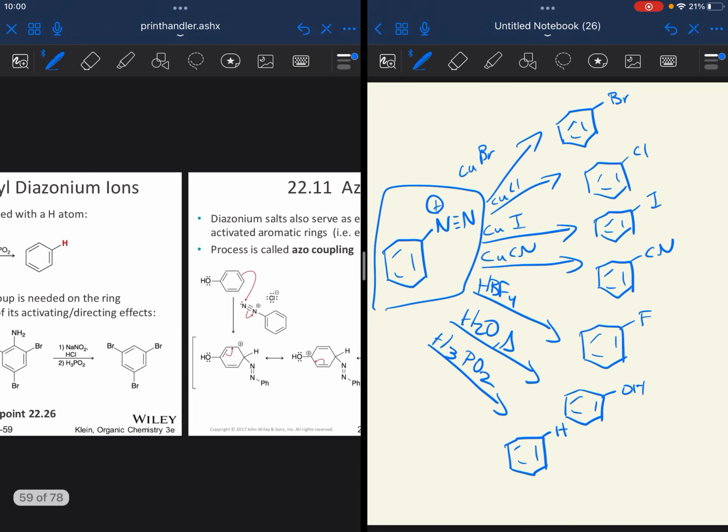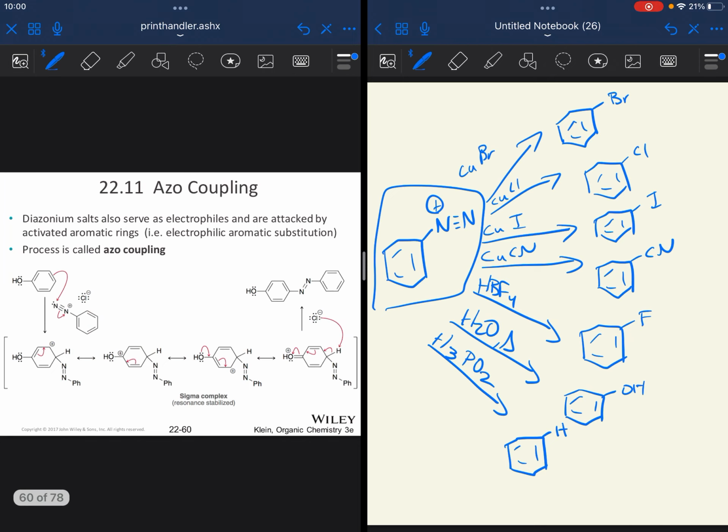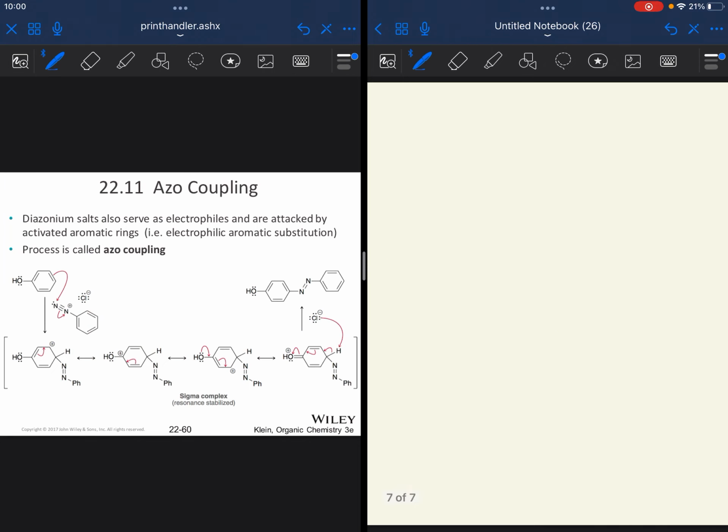One last thing that I want to show you is called the azo coupling. Right, this is what we did in lab with the azo dyes. As it turns out, that diazonium salt right here is also a really good electrophile.